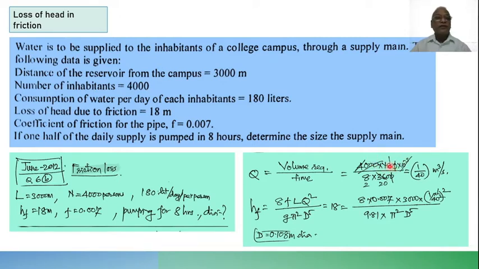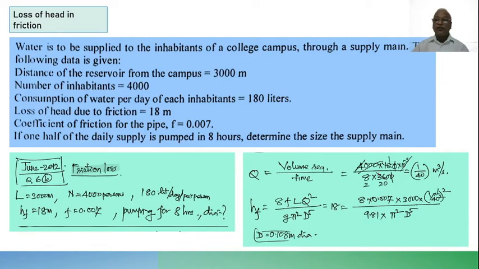Okay, here I think we should have done 50% of it, because they have said if 1/2 of the daily supply is pumped in 8 hours. So 4000 into 180 divided by 2 I should have done, and it is pumped in 8 hours. So 1/40 meter cube per second should be the rate of discharge. Actually I have missed that.